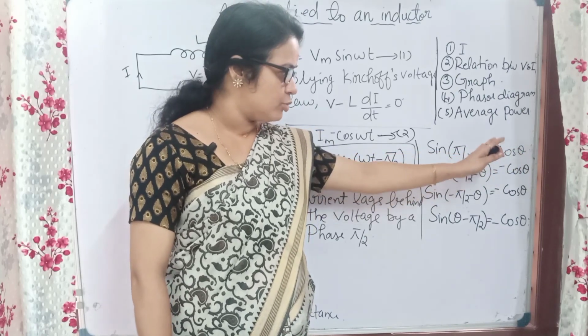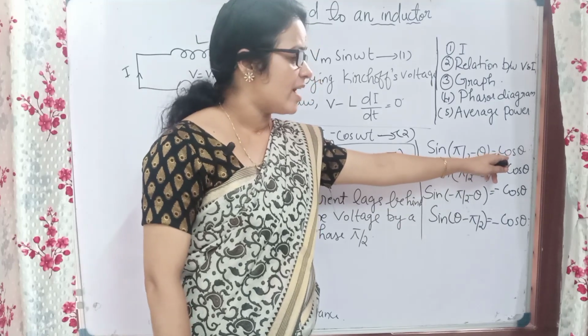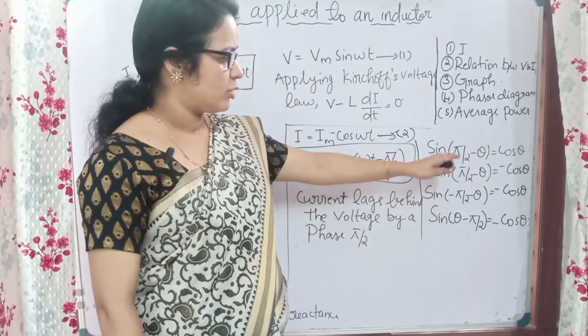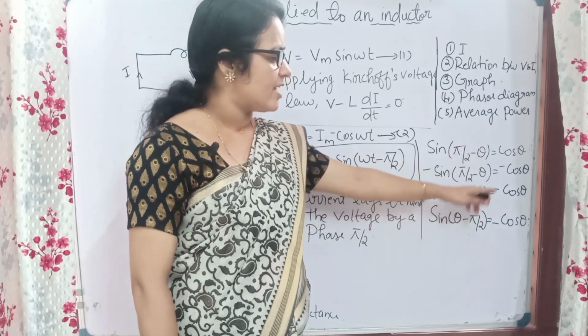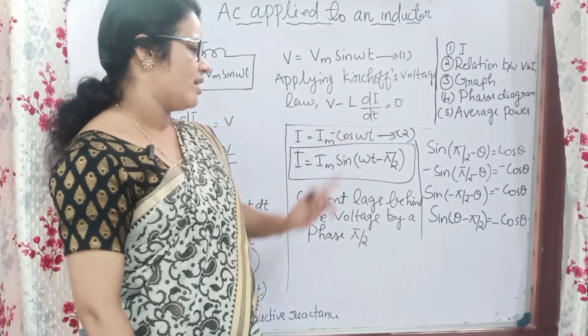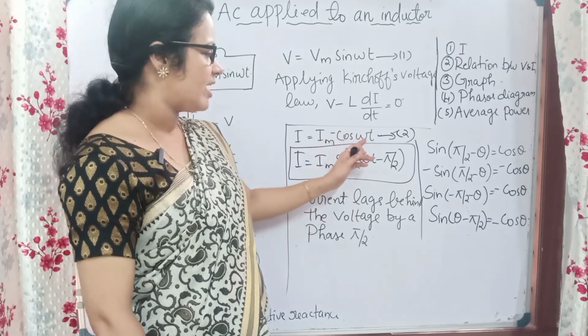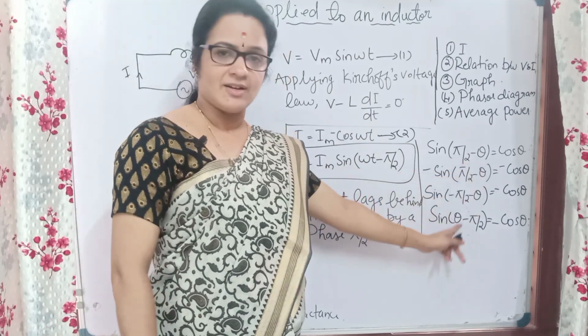Right, sin pi by 2 minus theta is cos theta. So we have to find minus cos theta. So what will be the equation? Here sin theta minus pi by 2 will be equal to minus cos theta. So here instead of writing minus cos omega t, we can write it as sin omega t minus pi by 2.